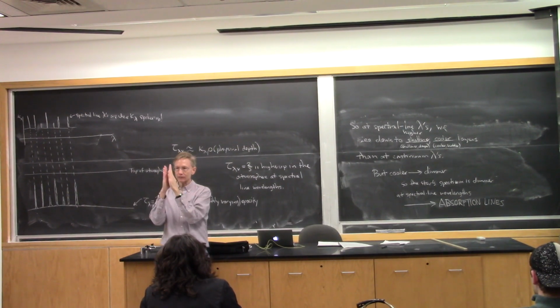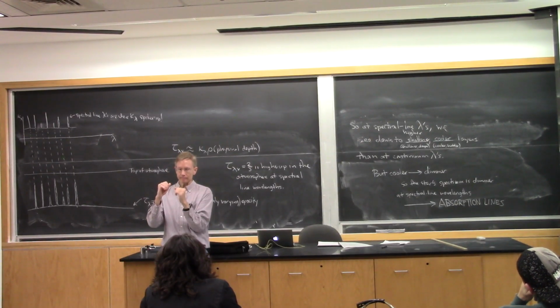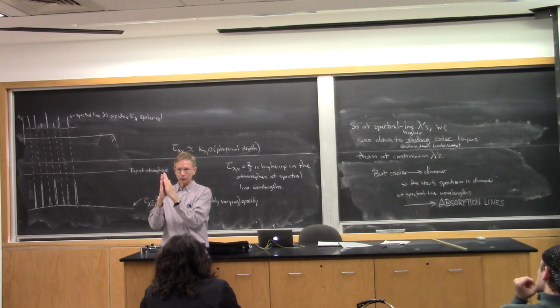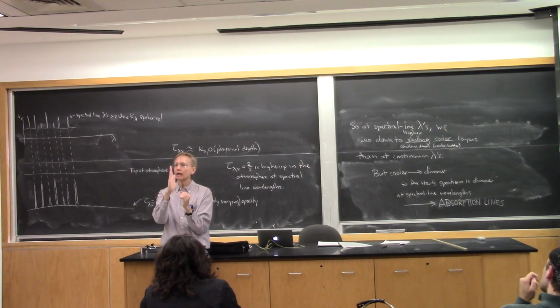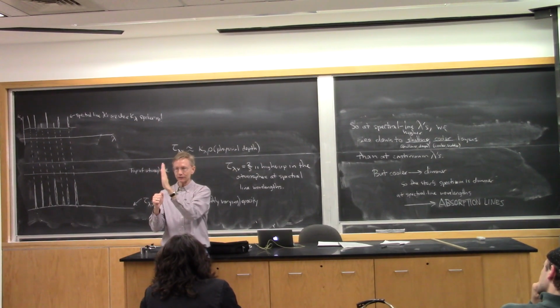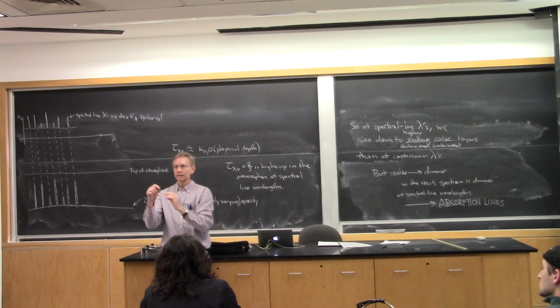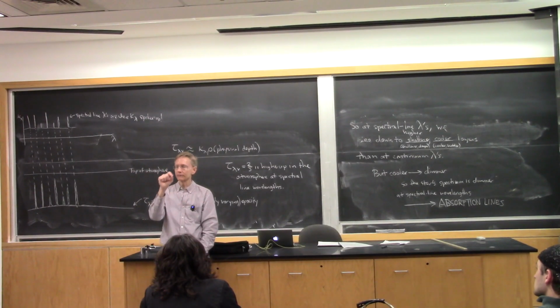If you have a tunable filter where you can let through a very narrow range of wavelengths, you can probe different layers of the atmosphere by moving on either side of the spectral line. The further away you are from line center, the further down you're looking, and the closer you are to line center, the higher up you're looking. So you can probe different depths of the atmosphere at different wavelengths.